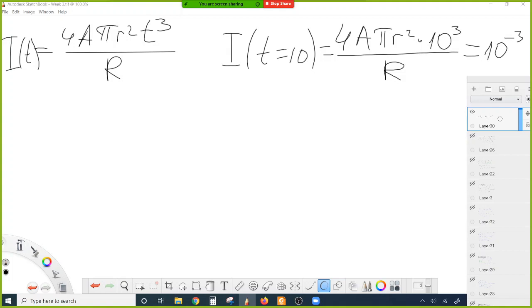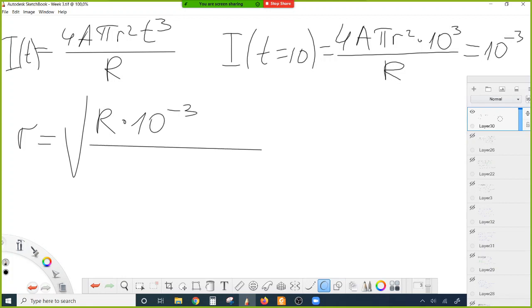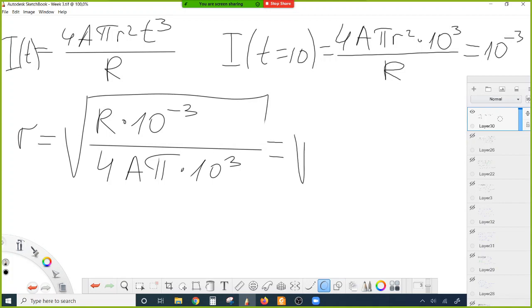And now we can find the radius, which is in our case lowercase r. r will be equal to capital R multiplied by 10 to the minus 3 over 4 a pi 10 to the 3. Okay, let's compute this.